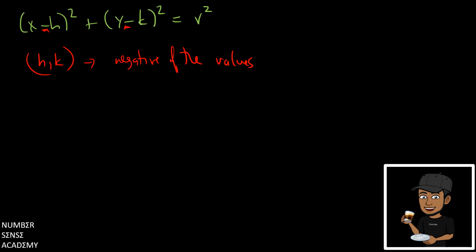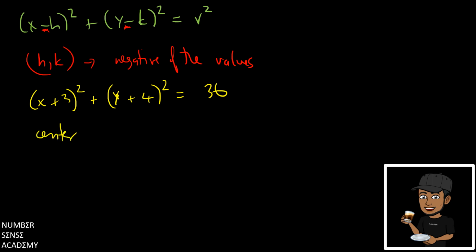Okay, so I'm going to do a quick example. Suppose I have x plus 3 squared plus y plus 4 squared equals, say, 36. Then the center, where it's h and k, is going to be minus 3 and minus 4, because we're taking the negative.